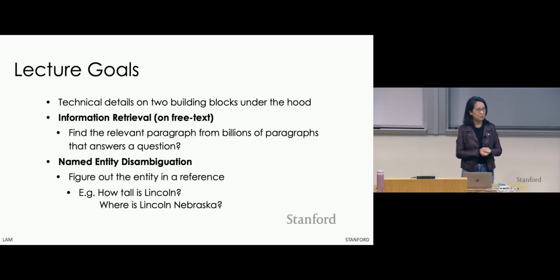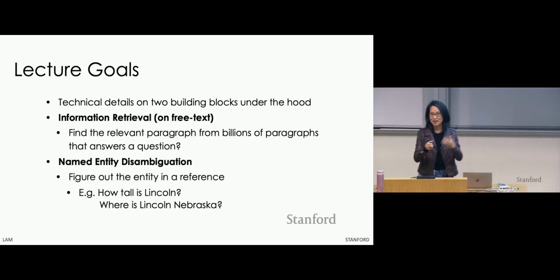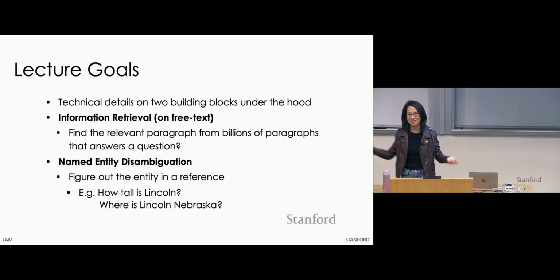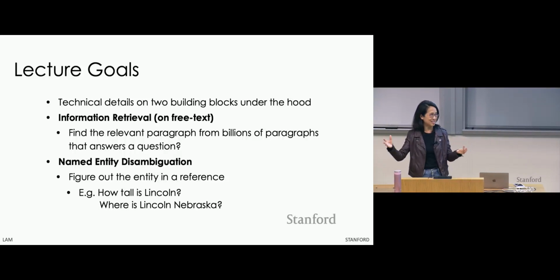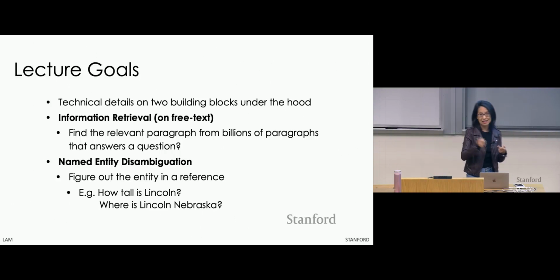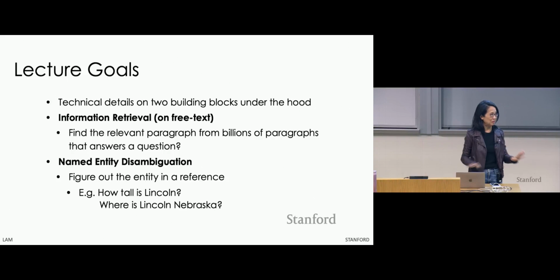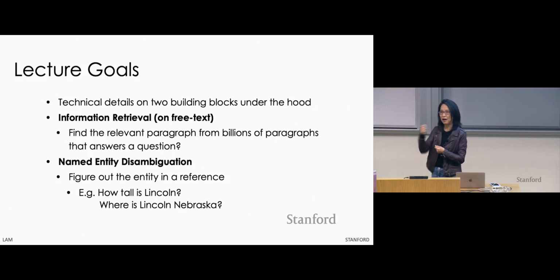We have this black box. We say, here is a text. Go find me the 1 paragraph in the billions and billions of paragraphs of text, and find me the right one. And if this does not do well, it doesn't return the right paragraph, there is nothing you can do. Game's over.